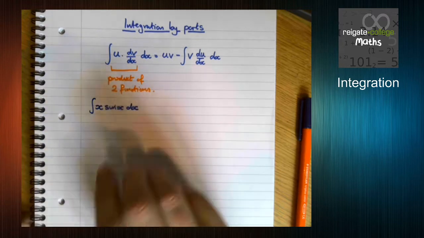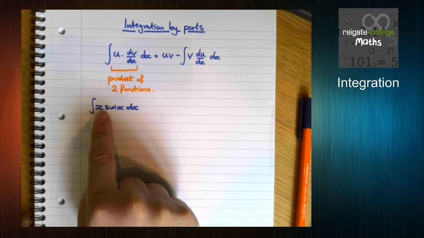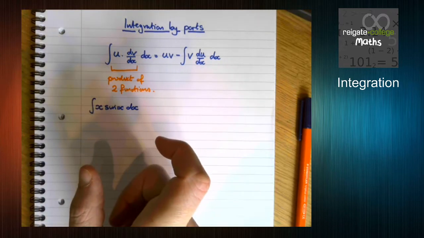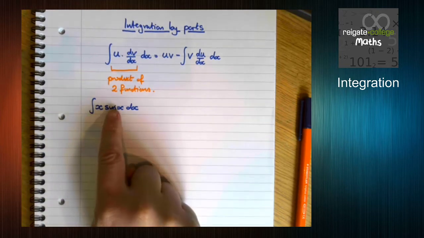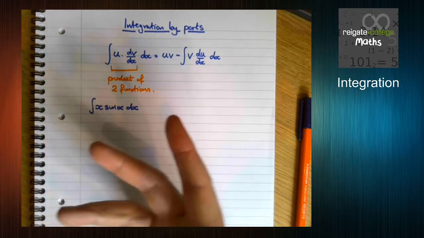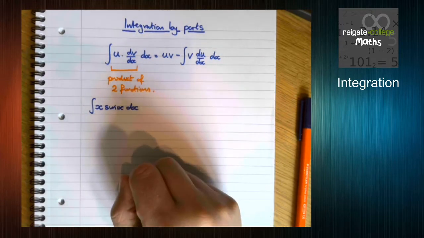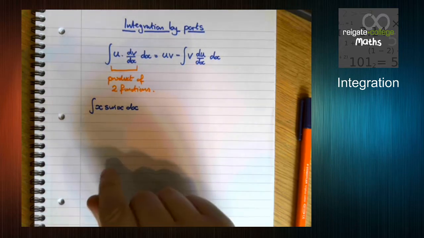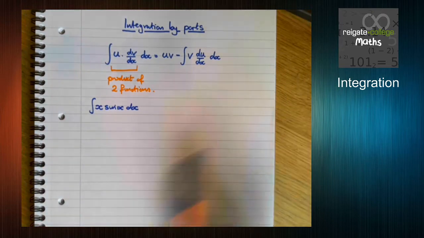If there is not a ln, the bit that's just x or x squared or the nice simple polynomial function, in this case x, that's the u. The more interesting function, shall we say, that's almost always the dv. Again, the only time where that is not the case is if there is a ln involved, and we'll look at those later on in this video.